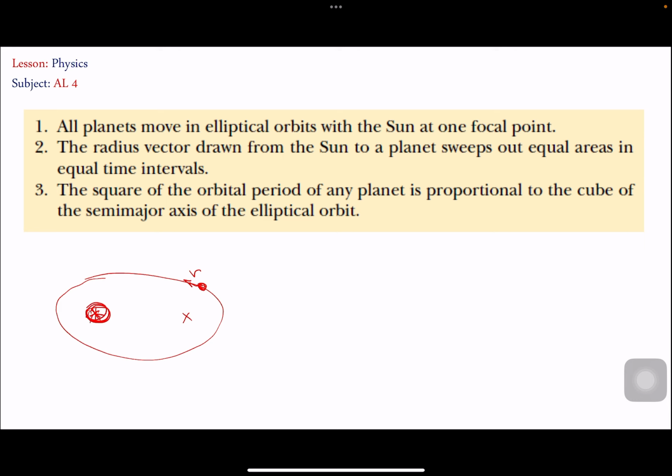The second one: the radius vector drawn from the Sun to a planet sweeps out equal areas in equal time intervals. What does it mean?